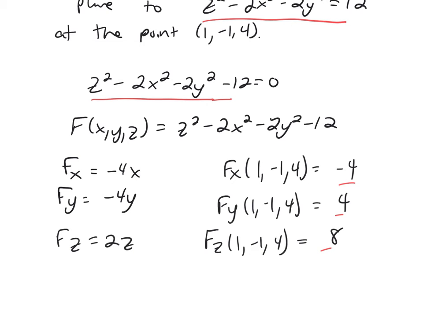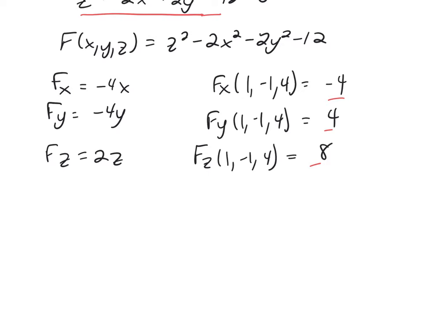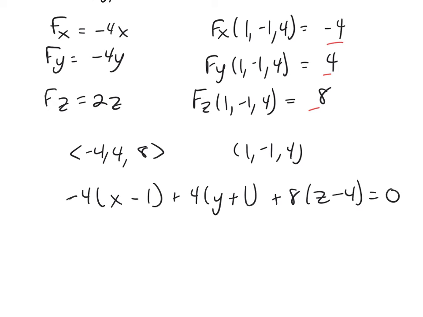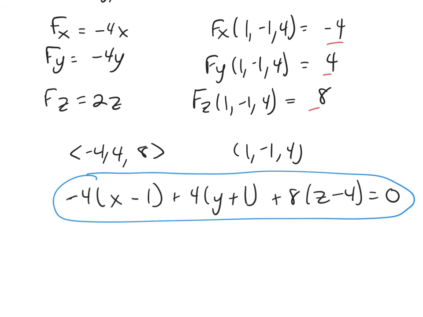So you're going to take that and then your point and write the equation down. So I have negative 4, 4, 8, and then my point 1, negative 1, 4. I have everything I need to write the equation of a plane now. It's going to be negative 4 times x minus 1 plus 4 times y plus 1 plus 8 times z minus 4 equals 0. And you could simplify this if you want, or you can leave it like that.